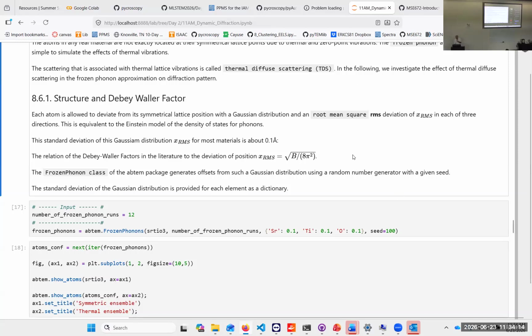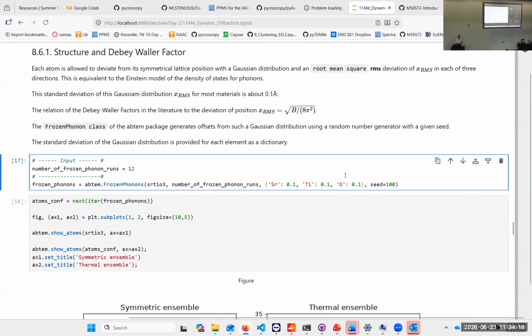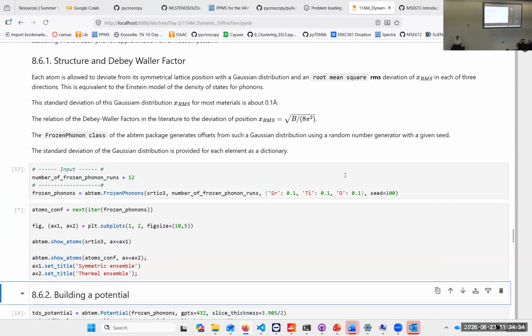So then you get a good definition of where they are sitting. So what we do is we make the so-called frozen phonon approximation. So what we do is we randomly wiggle the atoms and have 12 ensembles that we are using.